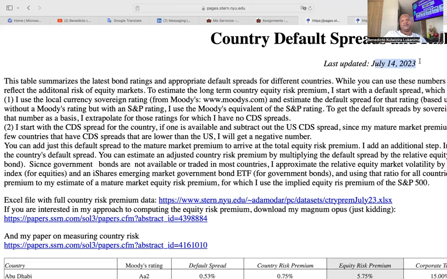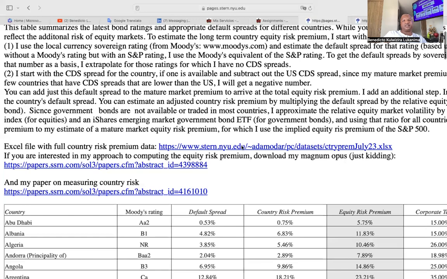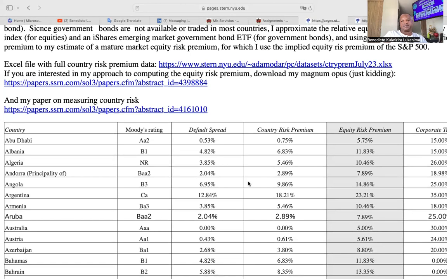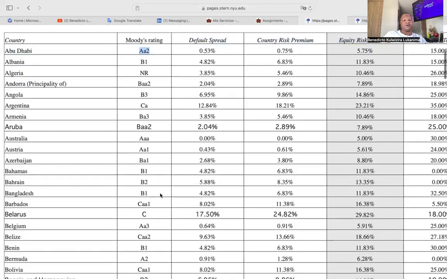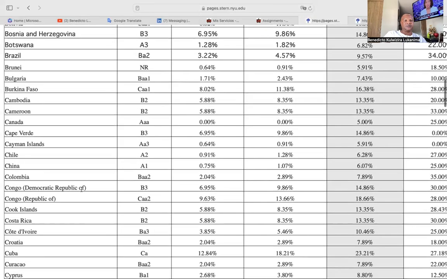This one was updated July 14th, 2023. There are different methodologies. They may differ in terms of estimates, but that's not a problem because these are just estimates. So the default spread is presented according to ratings by Moody's in this particular source. And for Colombia, it simply means I'll pick Colombia Baa2, and the spread is 204.